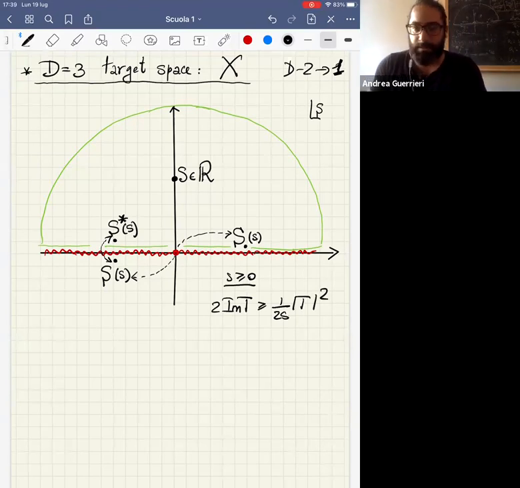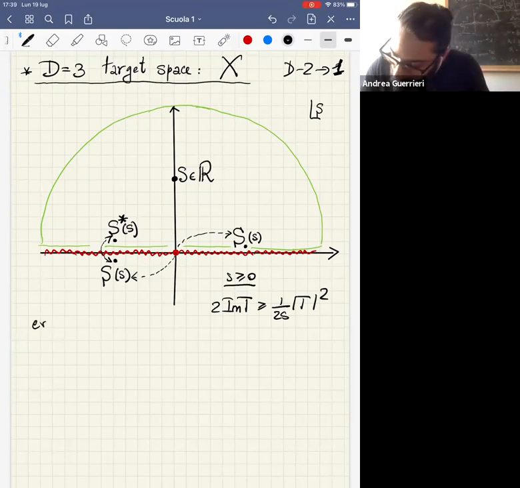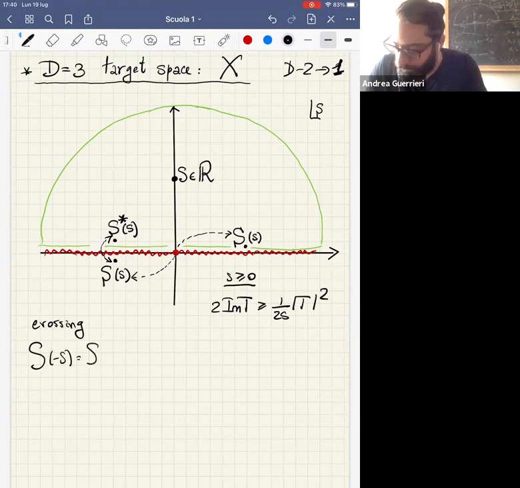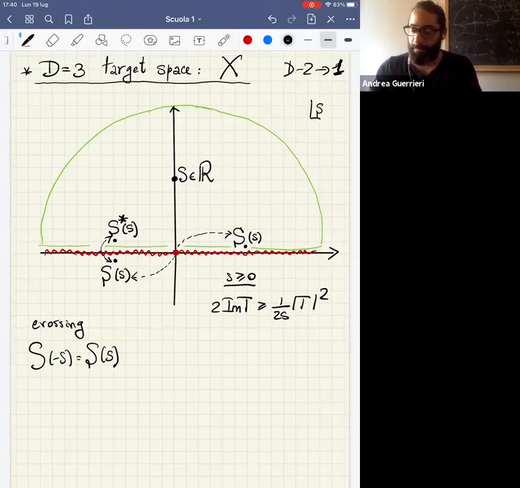But then what are the crossing properties for this system? They are such that S of minus s is equal to the S matrix evaluated at s. Let me emphasize again that we are in 2 dimensions.